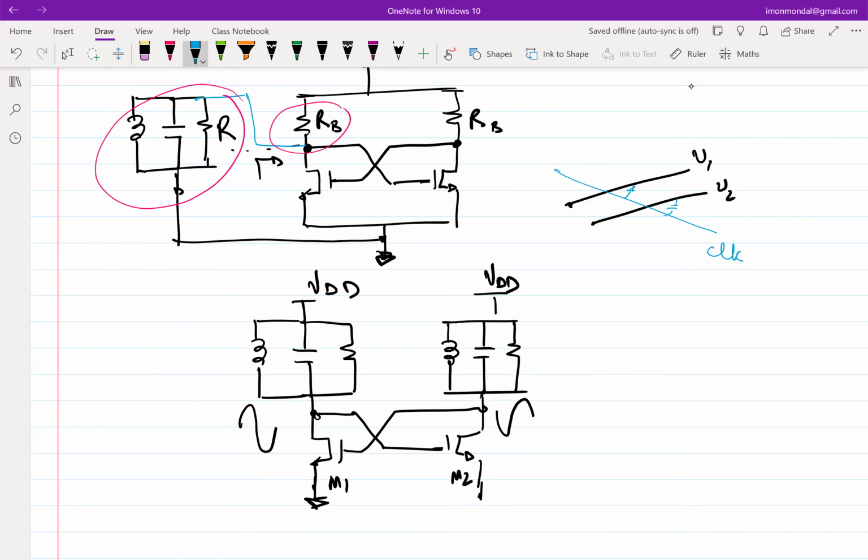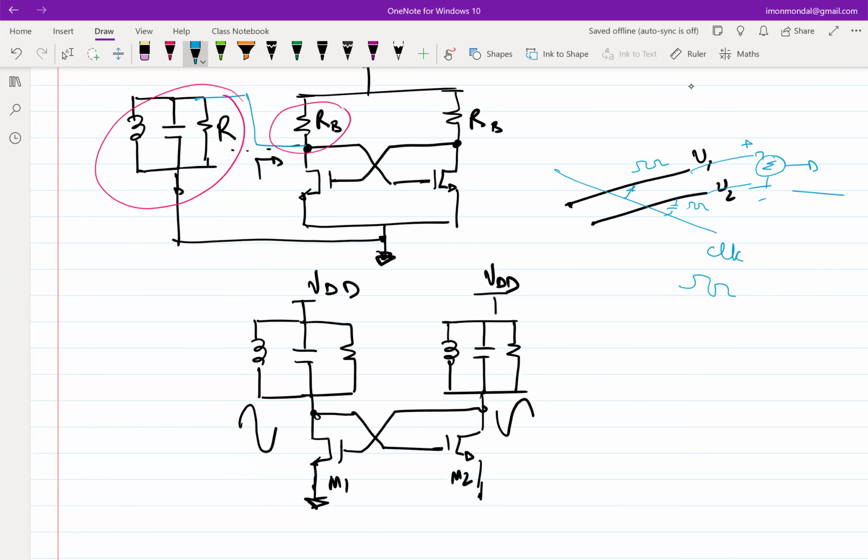So there will be some capacitance between these two lines, right? So if the clock jumps, some part of the corresponding jump will appear on V1 and V2. So if you only observe V1 and V2, you are going to see those jumps. But if I observe V1 minus V2, this will be clean. There will not be any jump. So this is one advantage of differential signaling.